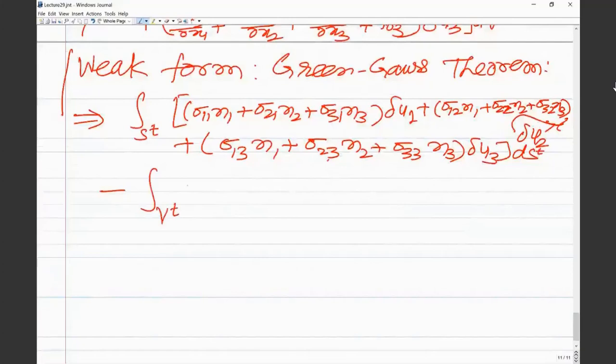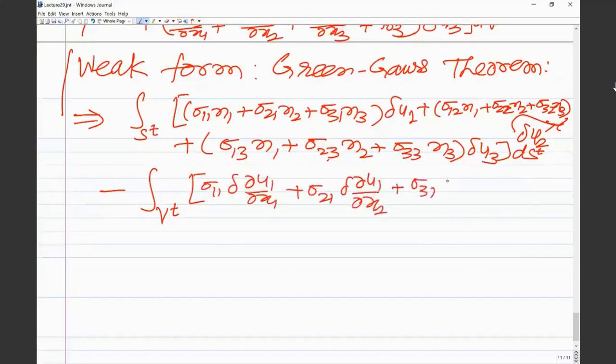So the other set of terms from the integration by parts is sigma 1,1 into delta of del U1 upon del x1 plus sigma 2,1 delta of del U1 upon del x2 plus sigma 3,1 into delta of del U1 upon del x3.